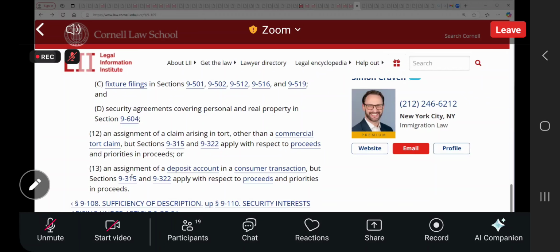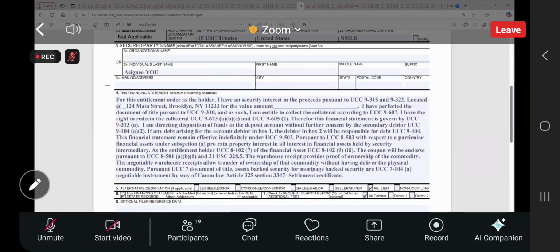Now, an assignment to the deposit account in which the consumer transaction, but 9-315 again, 9-322 applies with respect to the proceeds and the priorities in proceeds. So when you look at the UCC that I filed, I'm talking to them in the codes. For this entitlement order as a holder, I have a security interest in the proceeds pursuant to 9-315 and 9-322.